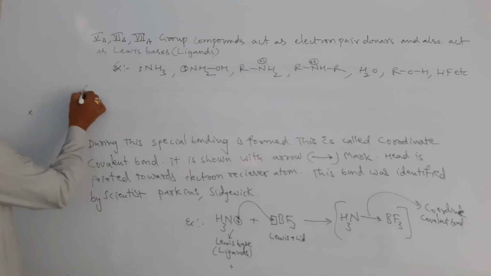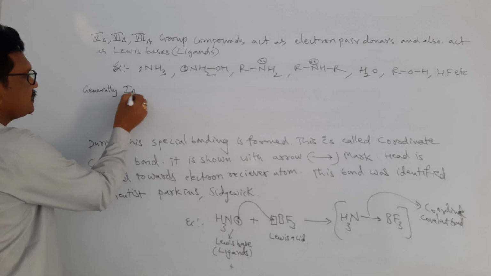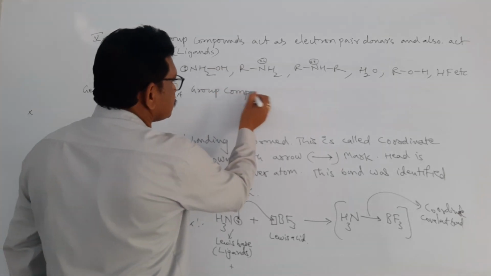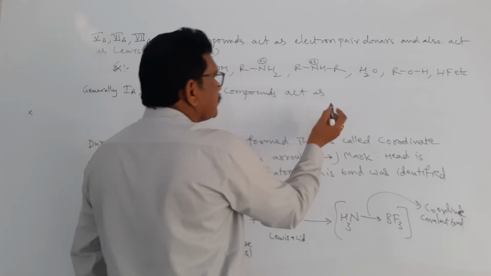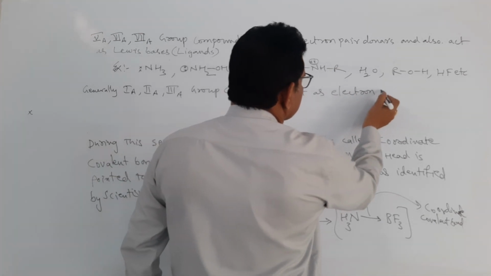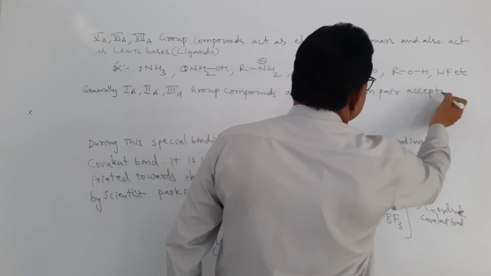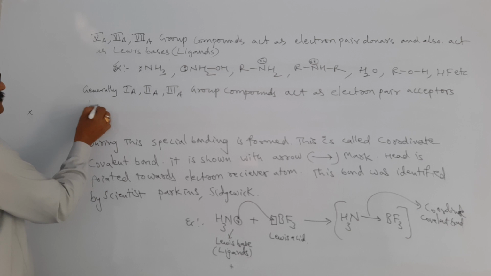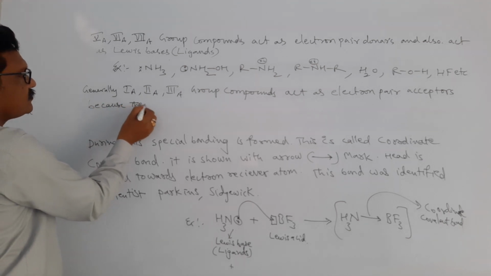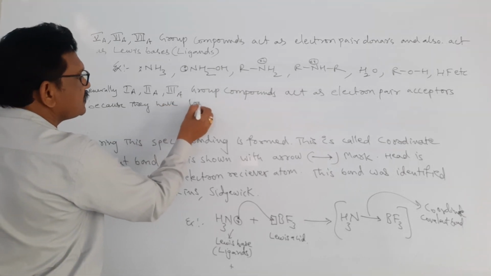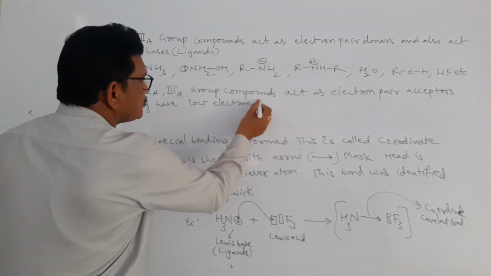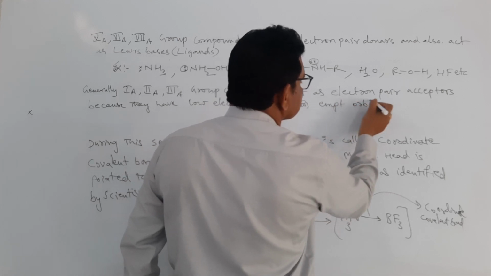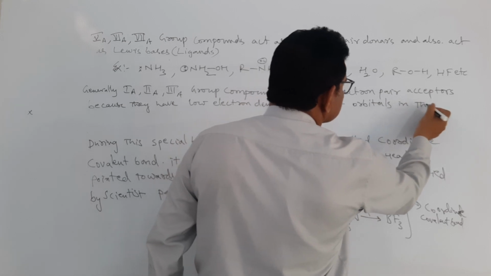That means generally first A, second A, third A group compounds act as electron pair acceptors, because they have low electron density or empty orbitals in them.